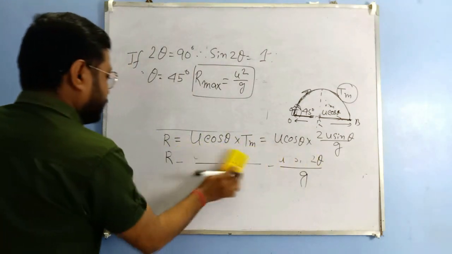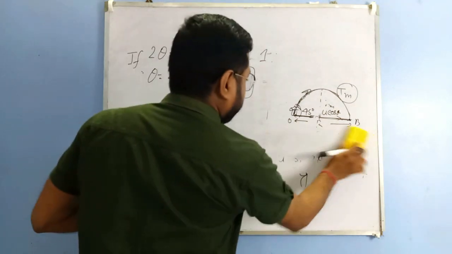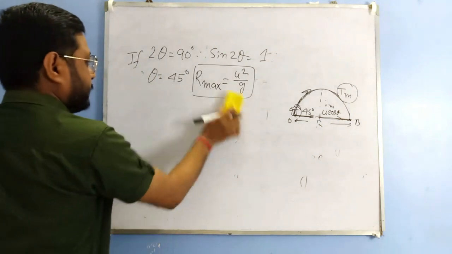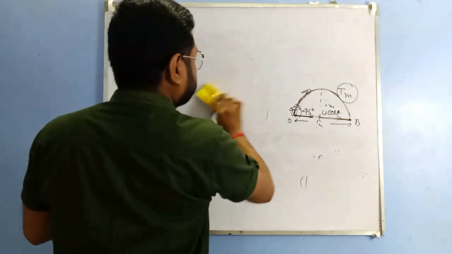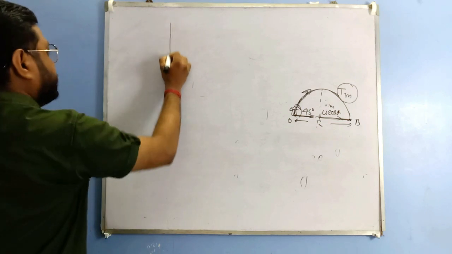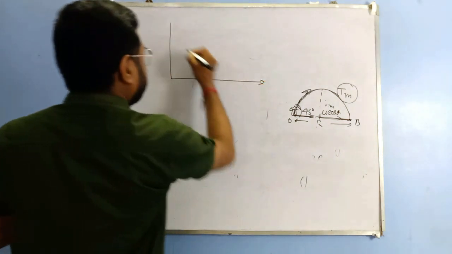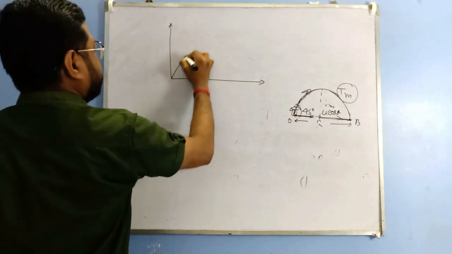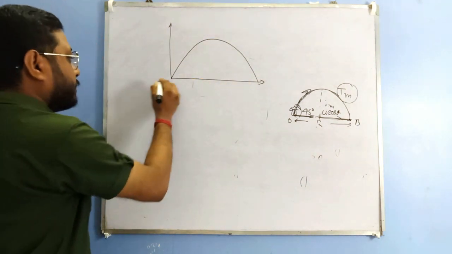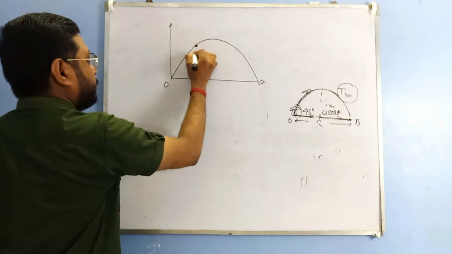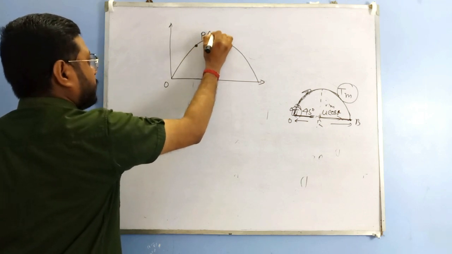Now we can find out the velocity at any point. If this is the trajectory of the projectile motion, then after time t, it will go to point P, as we said earlier, P equal to (x, y).